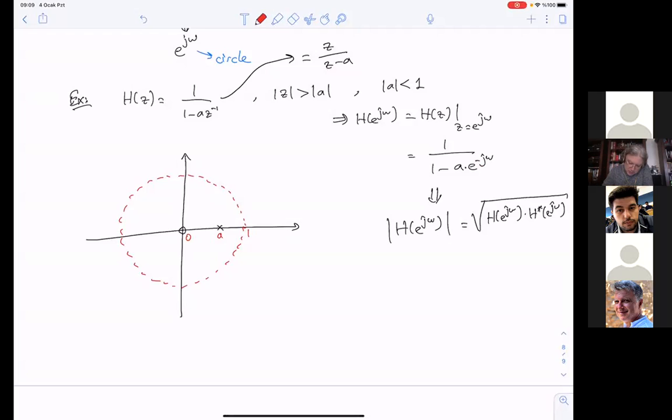So we choose a point, let's say this point on the unit circle, and we take a look at the distance from the pole, this distance. It's d1, let's say. And this distance from the zero is n1.